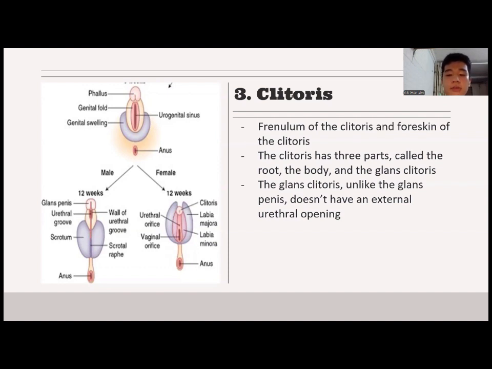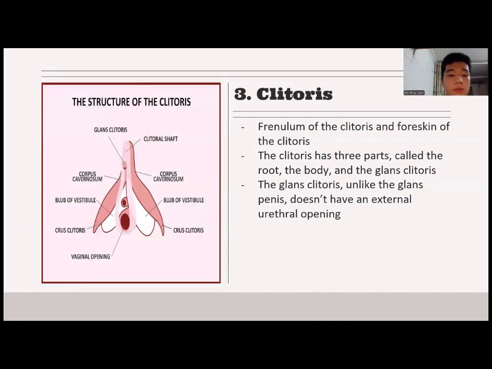The clitoris has three parts, called the root, the body, and the glans clitoris. The root of the clitoris consists of two crura that attach to the inferior pubic rami and the perineal membrane, deep to the labia. This crura consists of erectile tissue called the corpora cavernosa, which extends into the body at the angle of the clitoris.